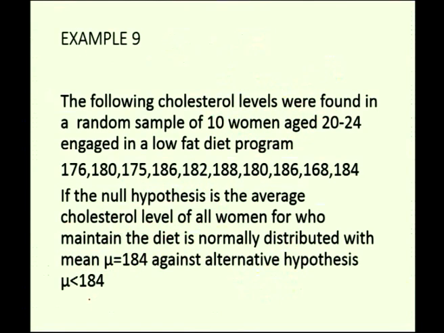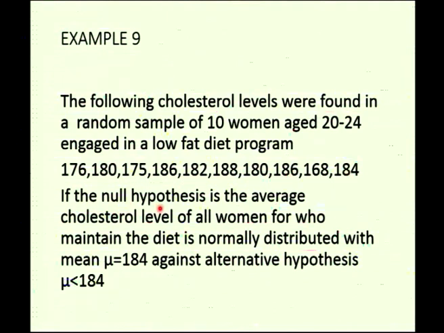The next example is the following. Cholesterol levels were found in a random sample of 10 women aged 20 to 24 engaged in a low fat diet program. These are the 10 women's cholesterol levels that have been given: 176, 180, 175, 186, 182, 188, 180, 186, 168 and 184.